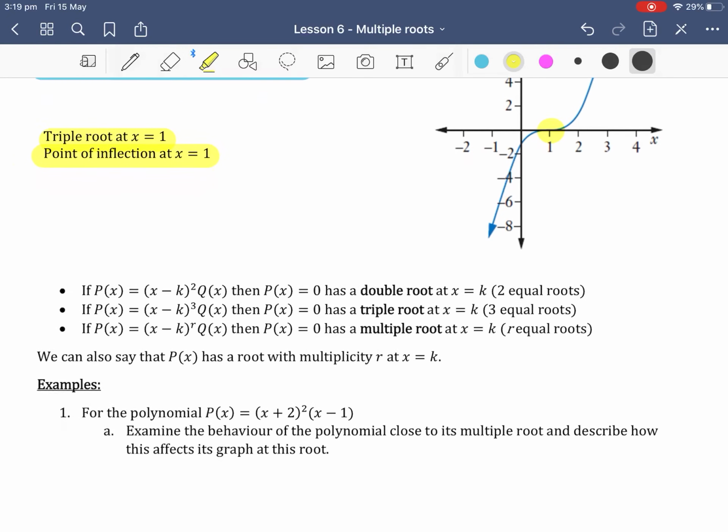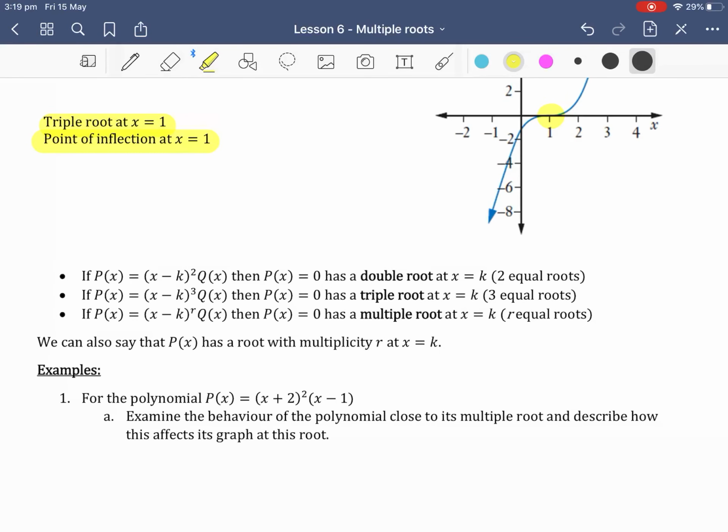If our polynomial P(x) equals (x - k) all squared times Q(x), then P(x) has a double root at x equals k, which means it has two equal roots. That's when it's a quadratic. If P(x) equals (x - k) cubed times Q(x), then P(x) = 0 has a triple root at x equals k, which is when it has three equal roots.